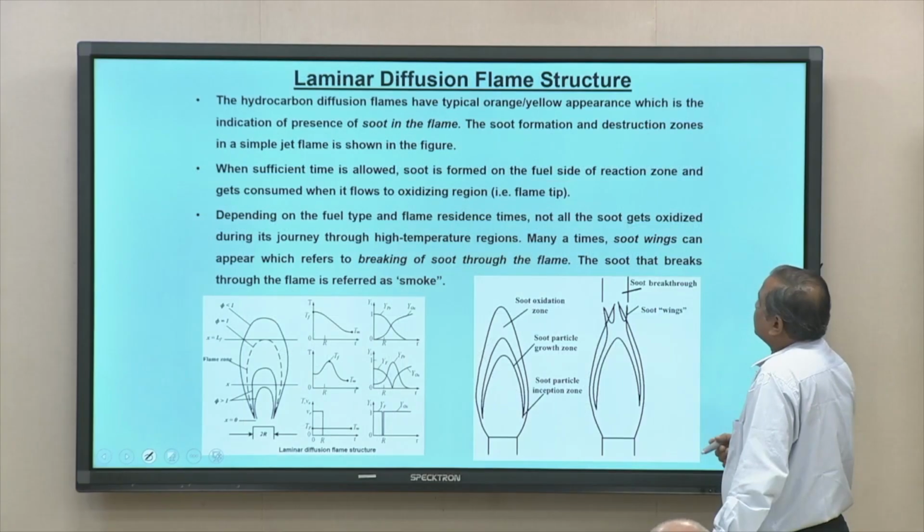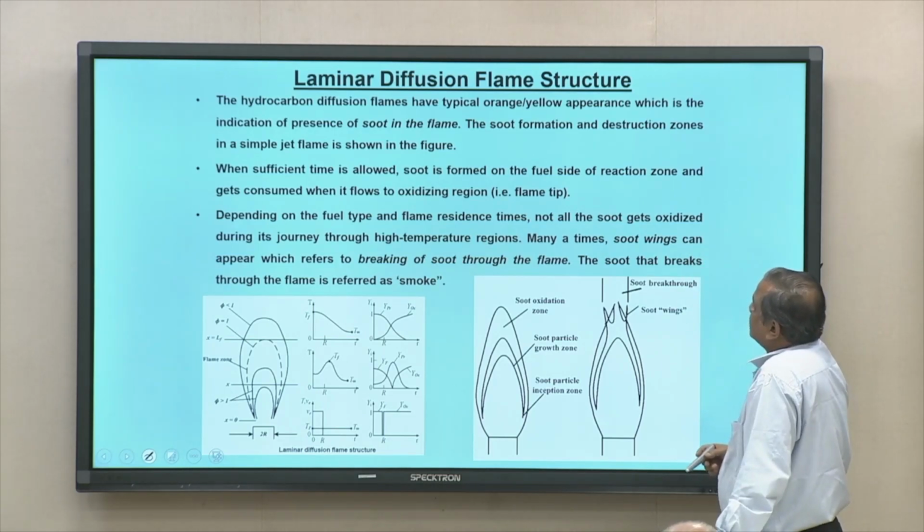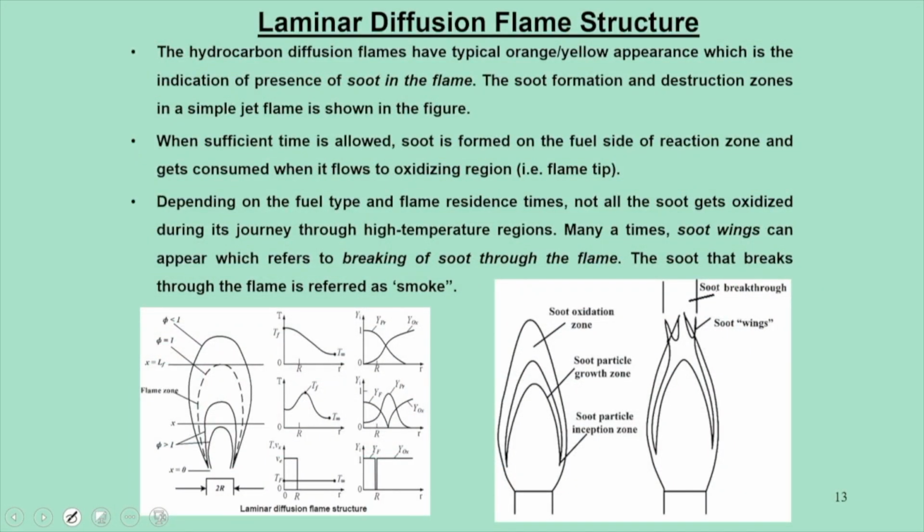Okay, that is another kind of event that we get in laminar flame structure, which is typically called soot formation, as well as soot destruction. So what you see is that after solving this, we get some kind of shapes.